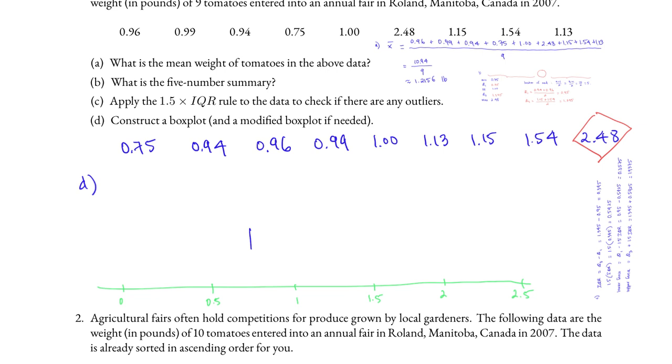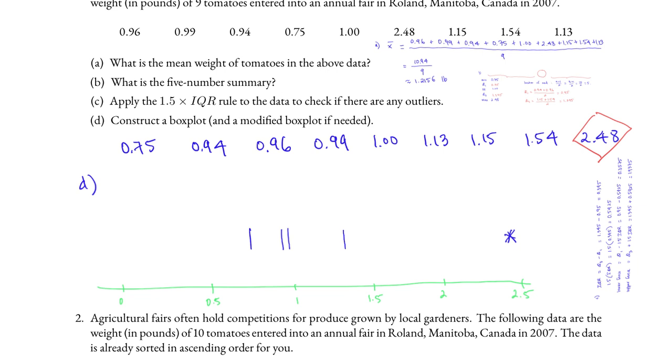Q1 is 0.95, close to 1, but on the left-hand side of 1. The median is 1, precisely at 1. Q3 is 1.345, which is more than 1.25. The maximum is 2.48, but the maximum is an outlier, so we use the asterisk.